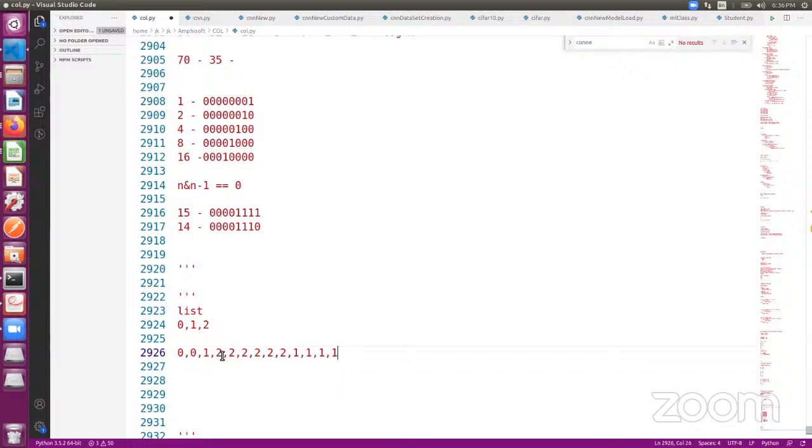I don't know how many numbers are there. It can be any number of numbers and in any combination. Without built-in function. If you're using a built-in function, then you have to tell me the complexity of that built-in function.